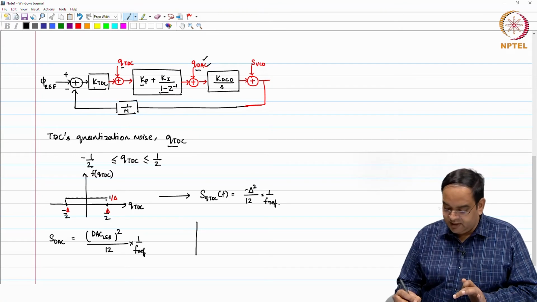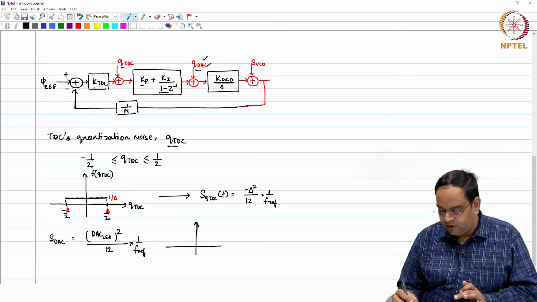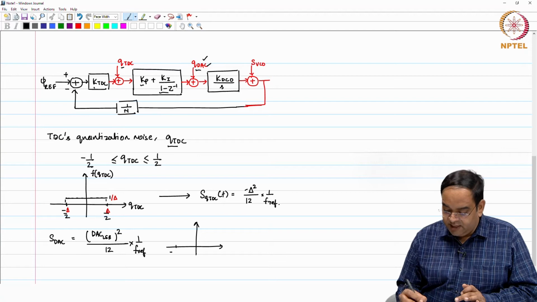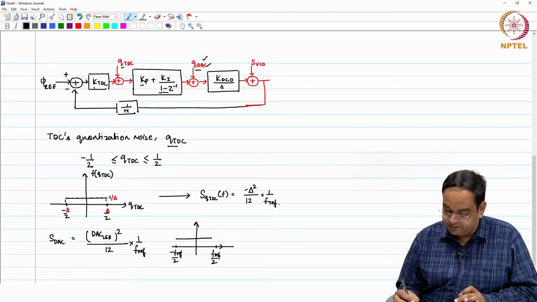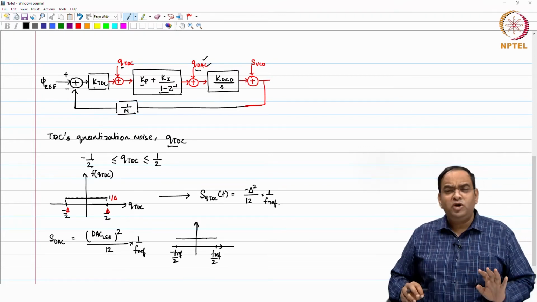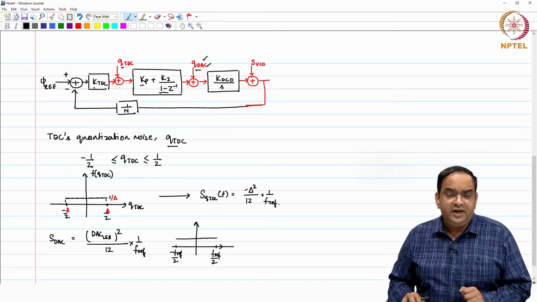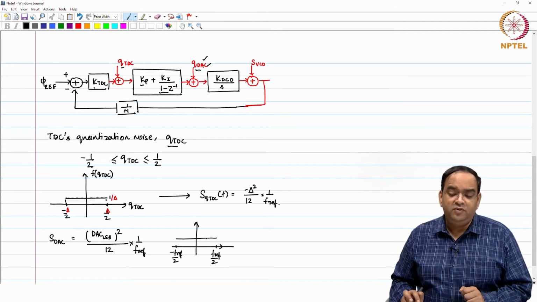This power spectral density is assumed between minus FREF by 2 to plus FREF by 2, under the assumption the noise is white. So, both the noise sources are white, and this approximation is quite valid.